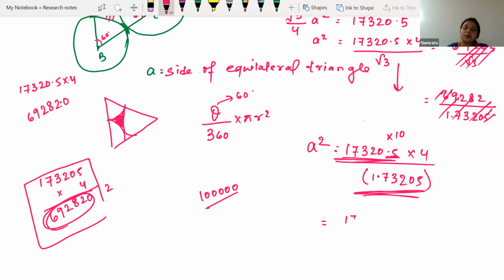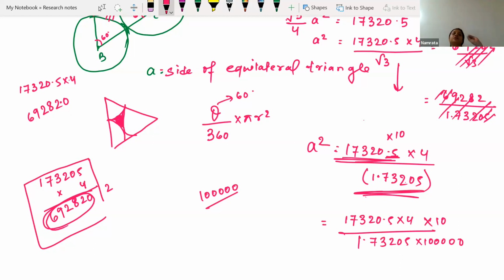So we are going to multiply 17320.5 into 4 divided by 1.73205 with 1 with 5 zeros, 1, 2, 3, 4, 5. Here also we are supposed to multiply with 10, but we cannot do that. We cannot give 10 in the numerator and 1 lakh in the denominator. That is not allowed. The same number you can give.